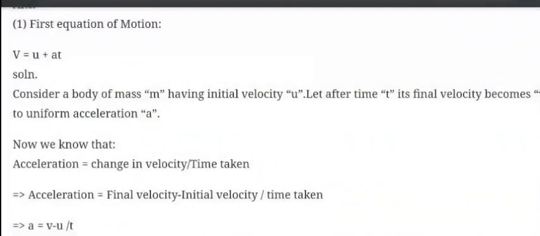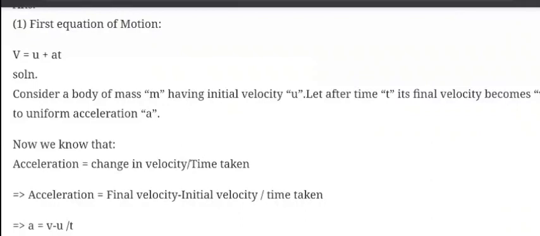Now we will derive all these equations one by one. First is v = u + at. Consider a body of mass m having initial velocity u, and after time t its final velocity is v. Let a be the uniform acceleration.